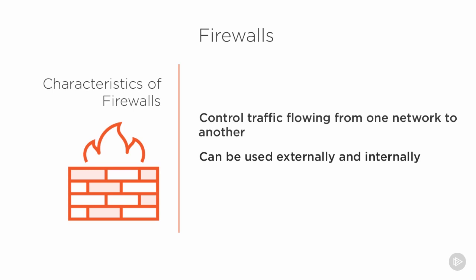Now, we use firewalls primarily on the outside to protect our DMZs and so on from the internet. However, we also use them internally between different network segments. Maybe we have an area of research or an area like HR where very few people should actually have access to that part of the network.